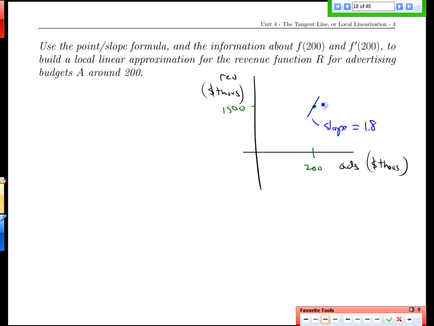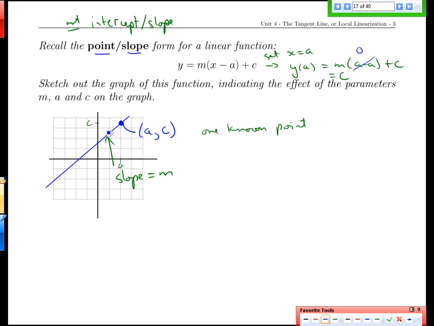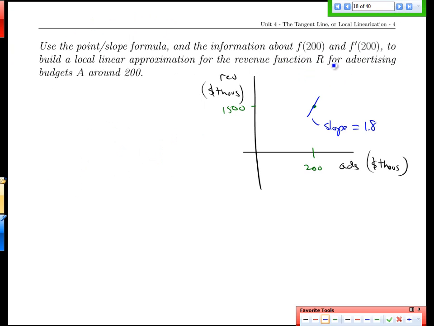Now this is perfect because this is exactly what we had in the last slide. Flip back for one second. We have a point and we know the slope there. If we want the formula for the line, we can just build it using this information. So what would we do in this case? Well, our linear revenue approximation would be given by following this line out forever, building the entire line based on the point and the slope.